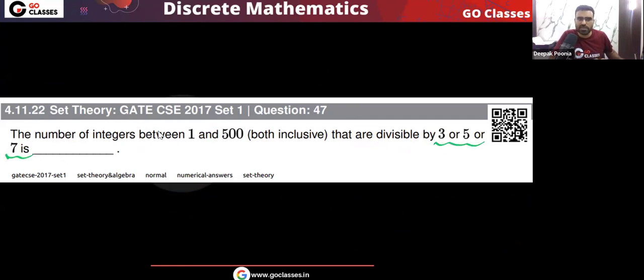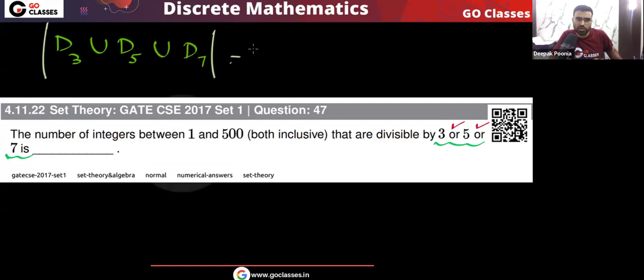Here we can apply the inclusion exclusion principle, because the question is talking about a union: divisible by 3, union divisible by 5, union divisible by 7. This is what we need to find.